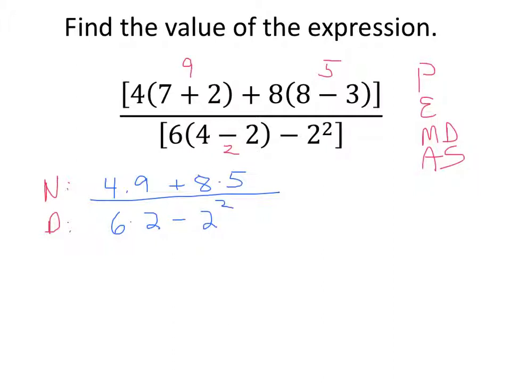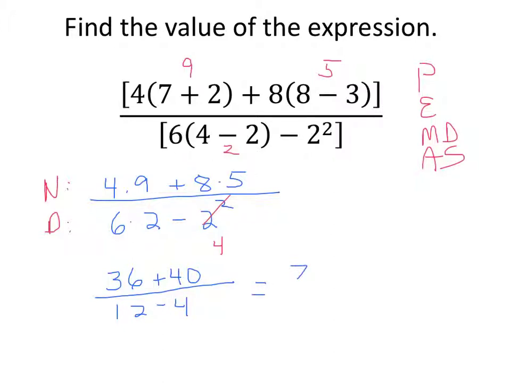And 2 squared is 4. So we're doing our exponent second. Let's rewrite the whole fraction down here and look at the numerator again. 9 times 4 is 36, plus 8 times 5 is 40, and in the denominator 12 minus 4.